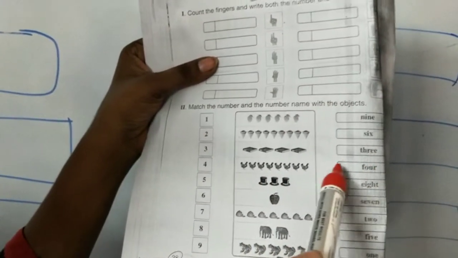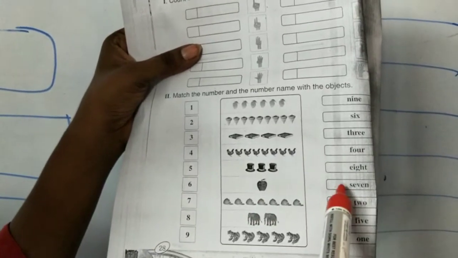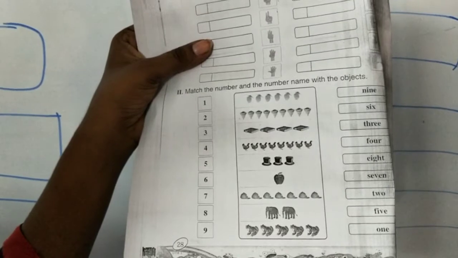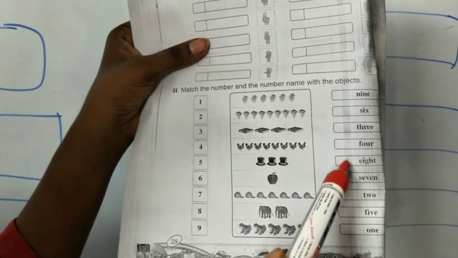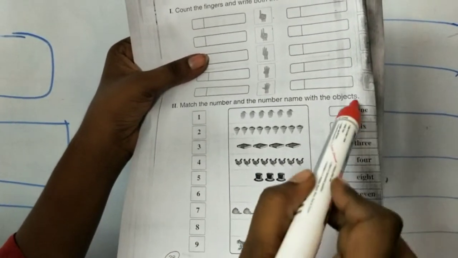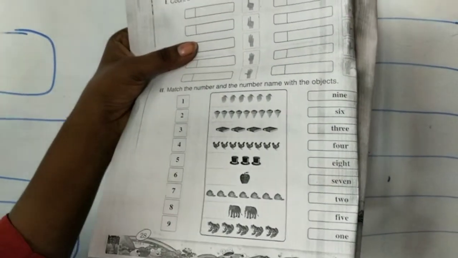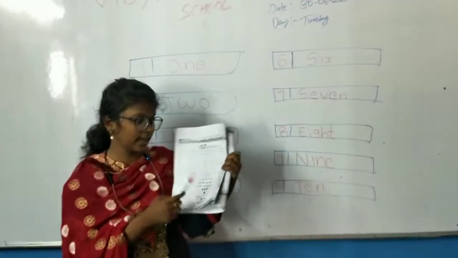Here. 7. Where is 7? Here. 8. Where is the number 8 here? Can you identify? 8 here. Where are 8 objects? 8 hands are there. 9. Here. 10. Only 9 numbers are there. Okay, you have to write with your pencil and underline neatly.